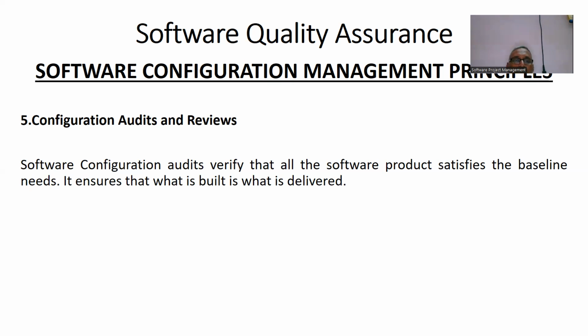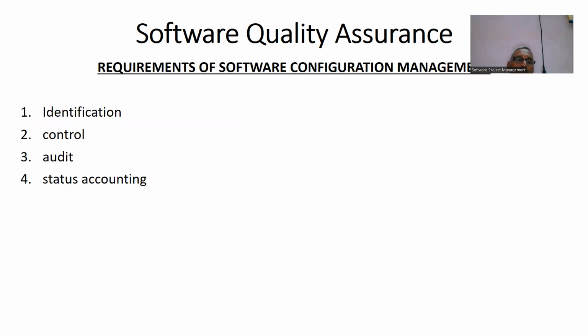Next, we will move to requirements of software configuration management. Identification, control, audit, and status accounting are the basic requirements for software configuration management. First one, identification. Each software part is labeled so that it can be identified.